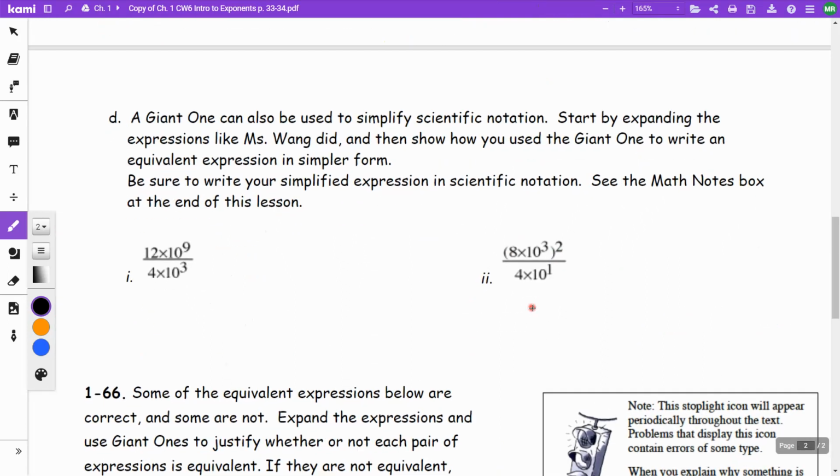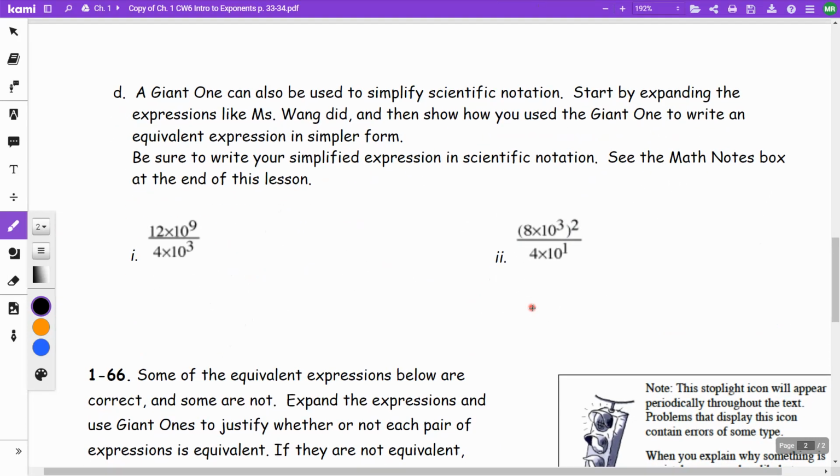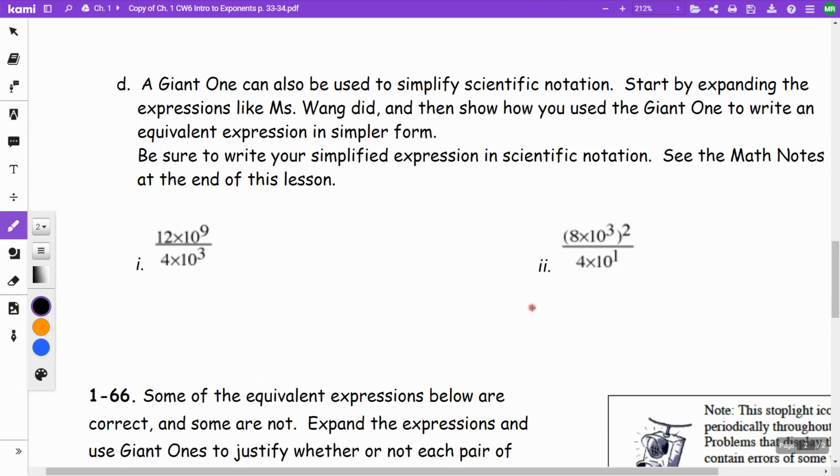Now, in this situation, we are dealing with scientific notation. You can think of the 12 and the 4 as a regular 12 divided by 4, which gives us 3.